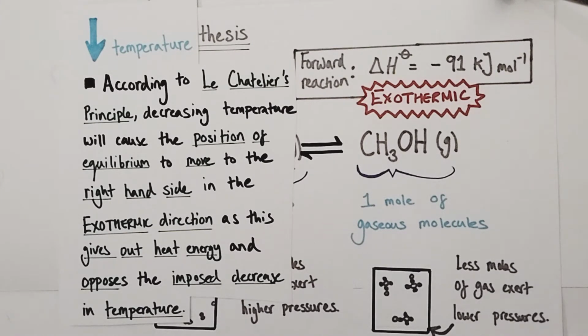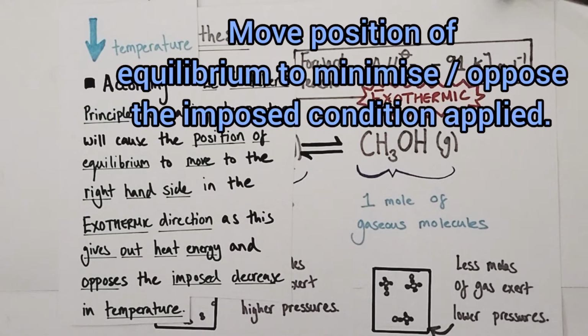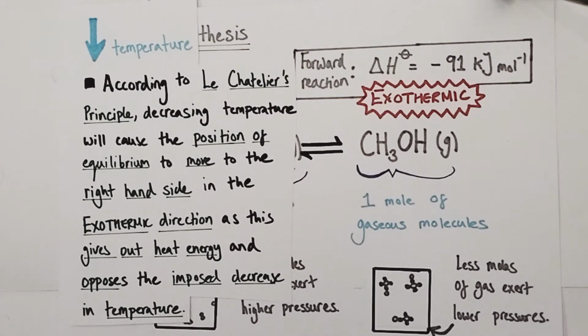That would therefore be opposing and minimizing the imposed decrease in temperature we were applying externally. And that's exactly what Le Chatelier's principle states. It's an opposition or minimization of change theory. If we make the temperature low, the reaction system will respond and try to raise the temperature by moving the position of equilibrium in the suitable direction.